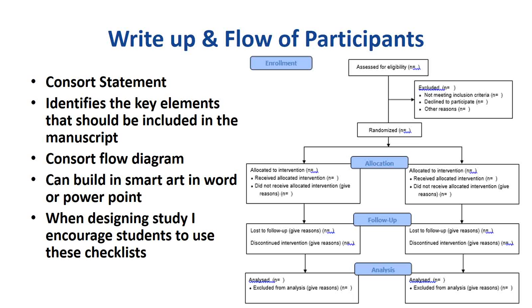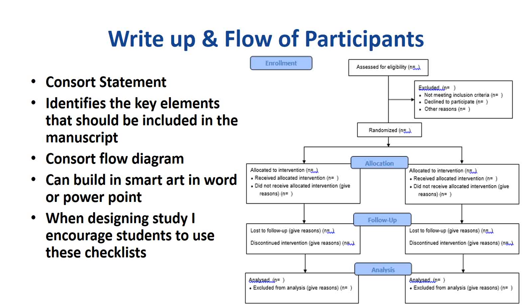So when you get to the write-up, you're going to follow the CONSORT statement. It's a really well published and agreed upon document. Most medical journals will use this, so you have to identify those key elements in the manuscript. You're going to have your little flow sheet of how you enrolled, included and excluded people, what happened at each observational measurement, how you followed them up, and who you did analysis on.